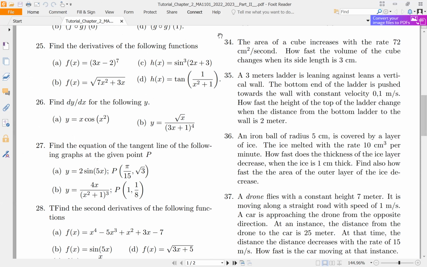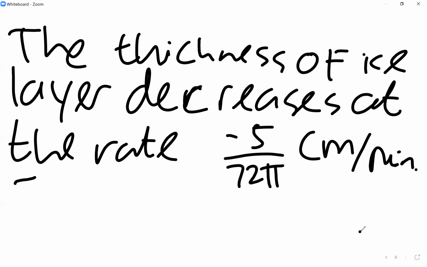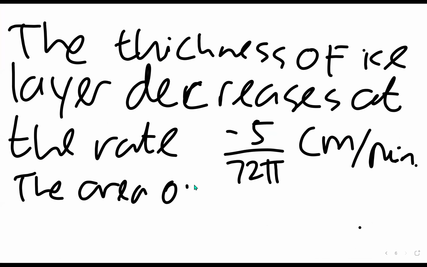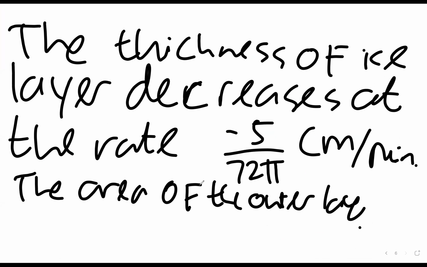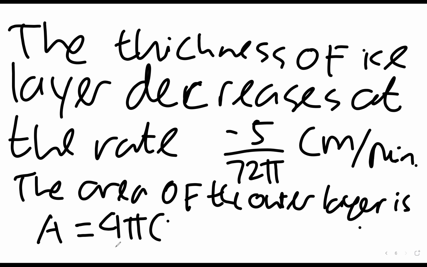In this case, the area of the outer layer, let us denote it by A, is a function of r: A equals 4 pi (r plus 5) squared, right?